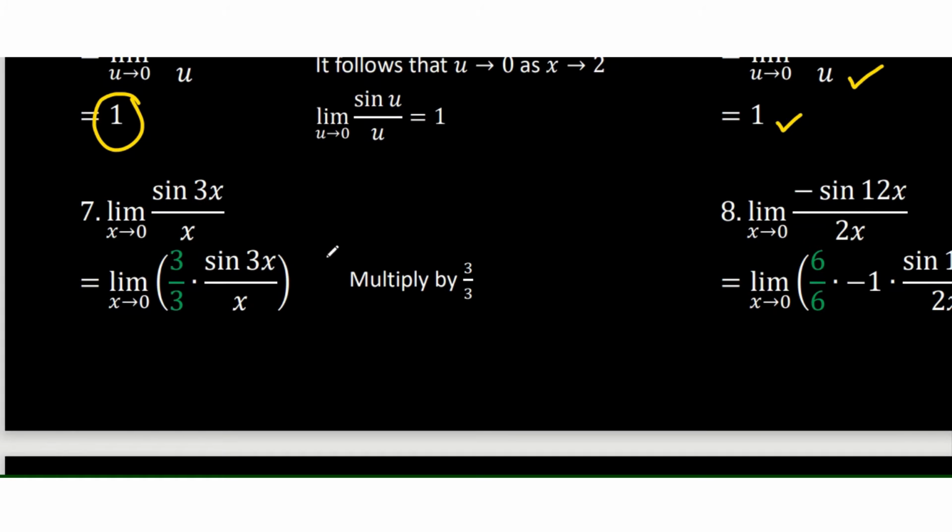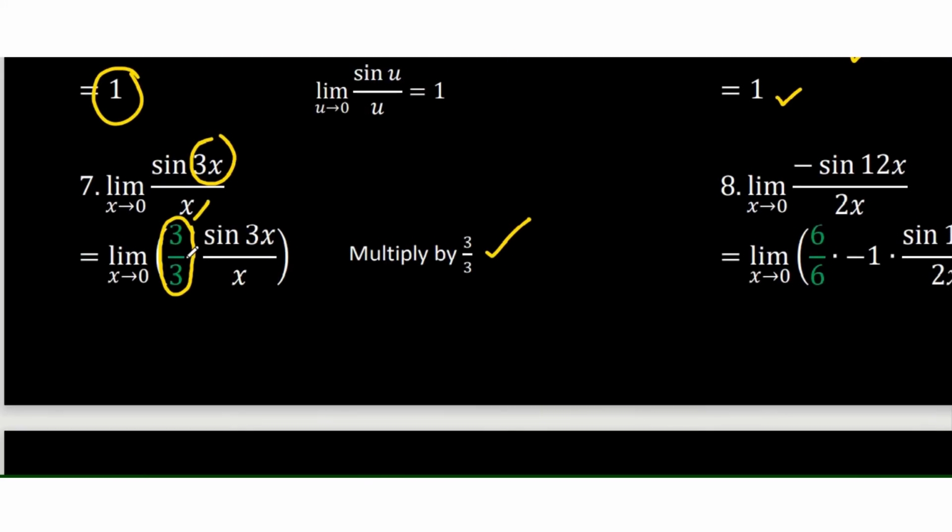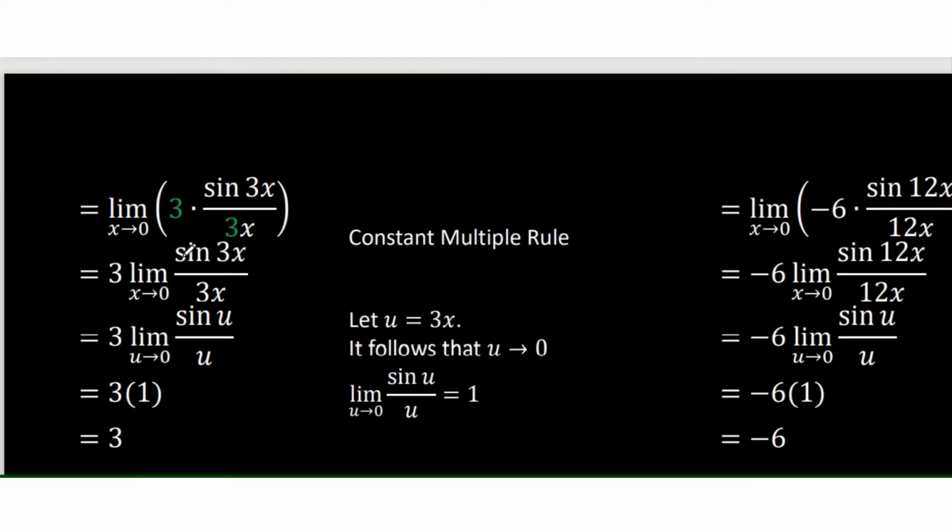However, on the seventh example, sine 3x over x, this is 3x. However, this is x on the denominator. So we need to have 3 in the denominator. So we need to multiply 3 over 3 so that the denominator 3 from the fraction 3 over 3 will be shared in the denominator, and the numerator 3 will be separated and will become a constant.